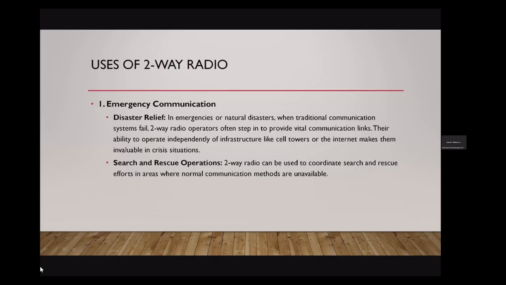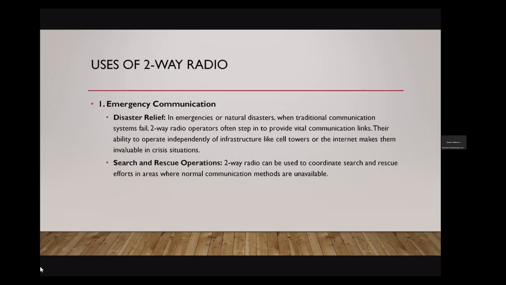In emergencies or natural disasters, when traditional communication systems fail, two-way radio operators often step in to provide vital communication links. This is where our CERT teams will be using two-way radio mainly.